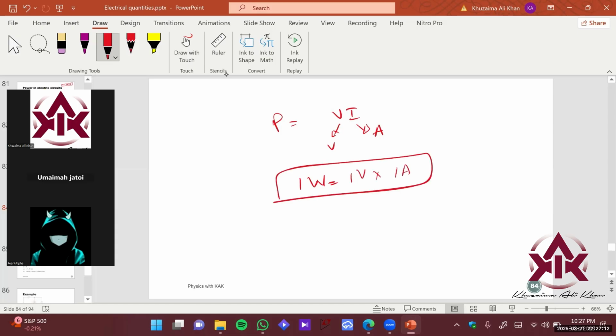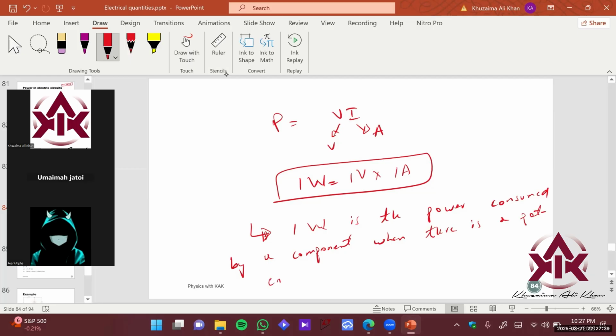If you want to define this in words, 1 watt is the power consumed by a component when there is a potential difference of 1 volt with a current of 1 ampere flowing.